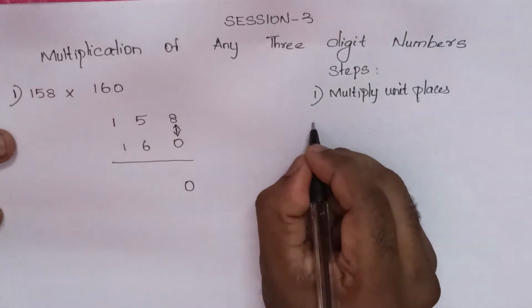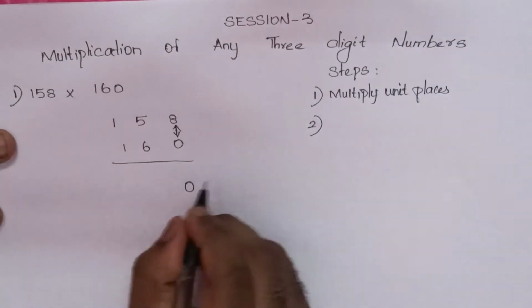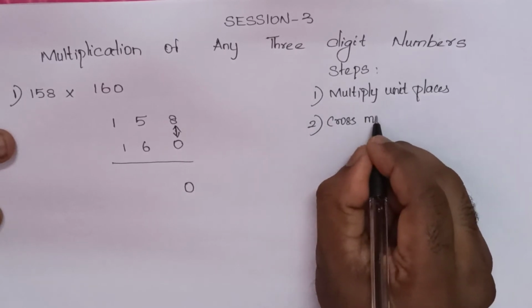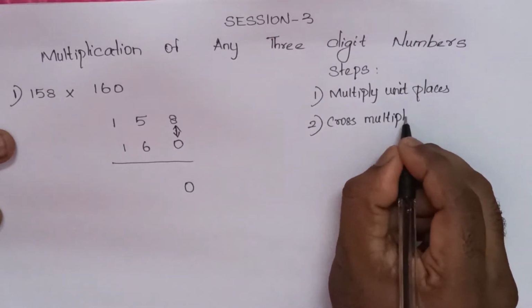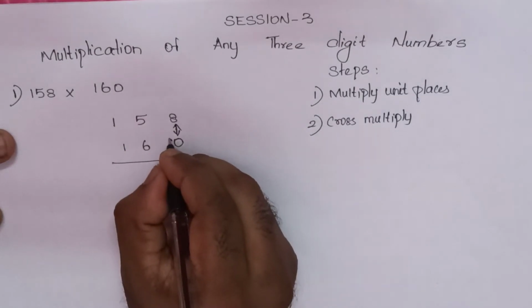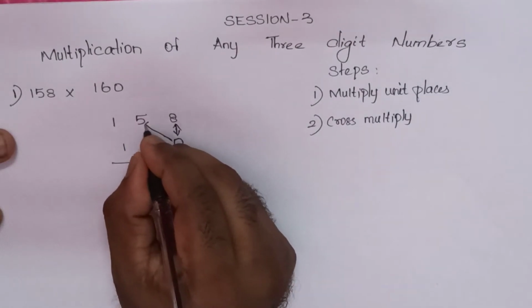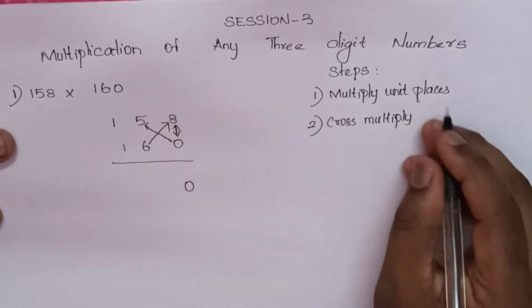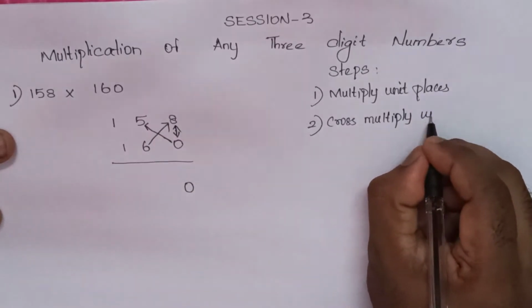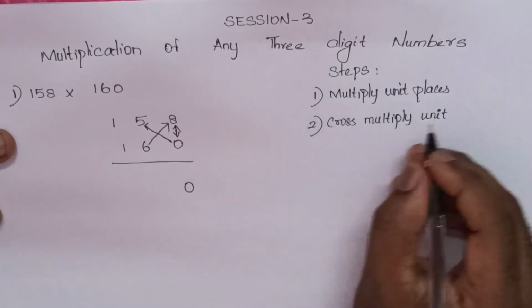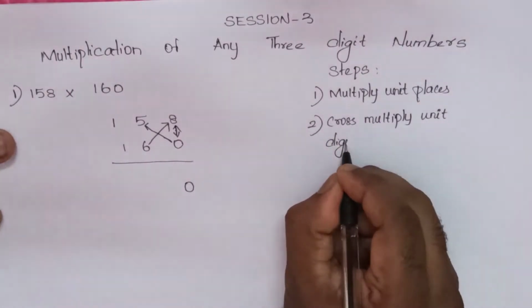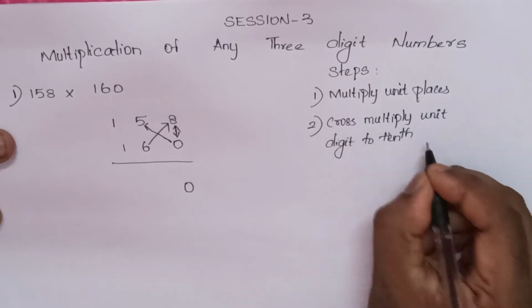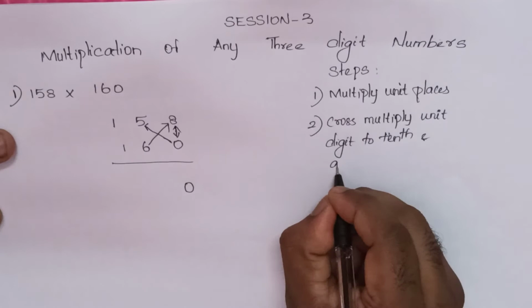The second step is to cross multiply. Cross multiply the unit digit to the 10th and the 10th to the unit, and add it.